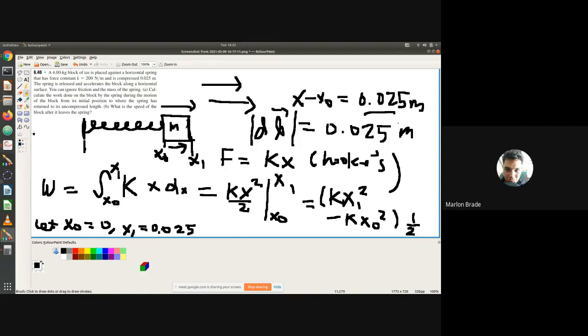So therefore, I rewrite it as integrated from 0 to 0.025. Unfortunately, the second term is 0. Right? So the first term remains.